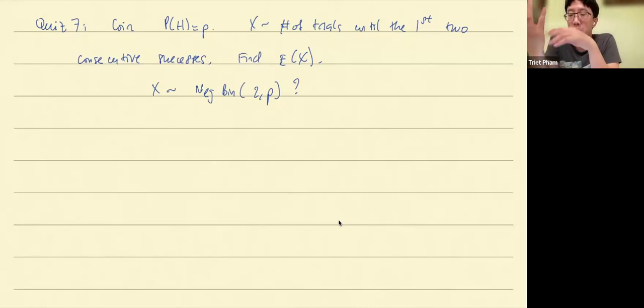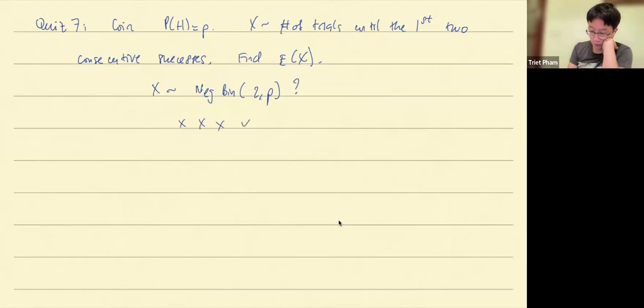What does a negative binomial represent? Well, a negative binomial represents the number of trials until you see the first 2 successes.